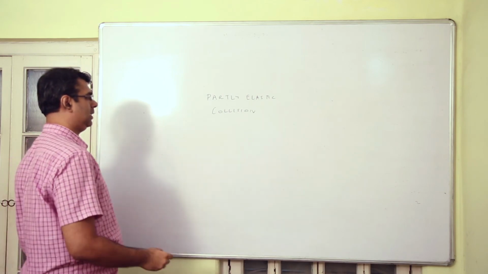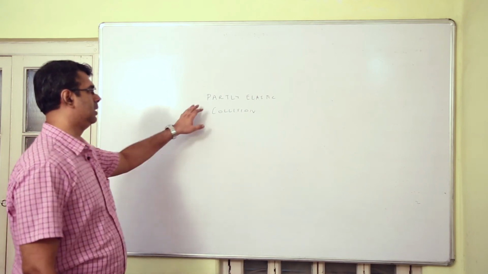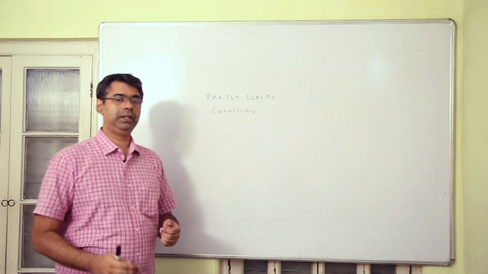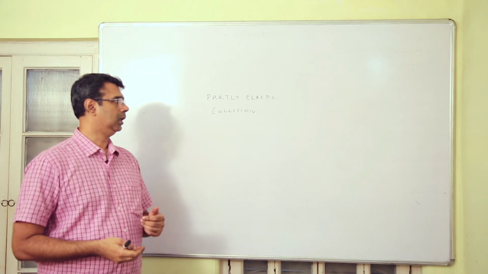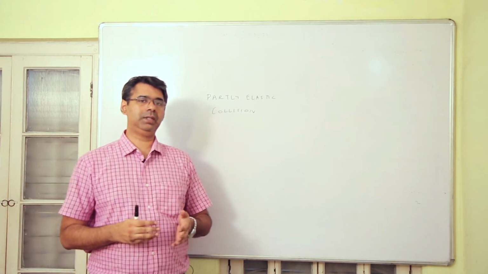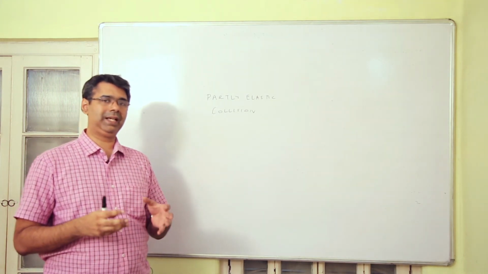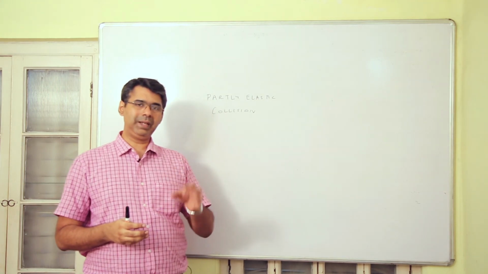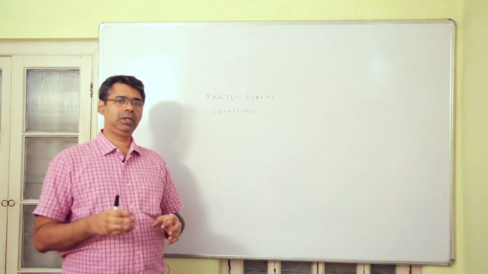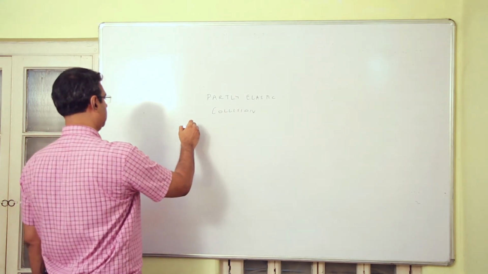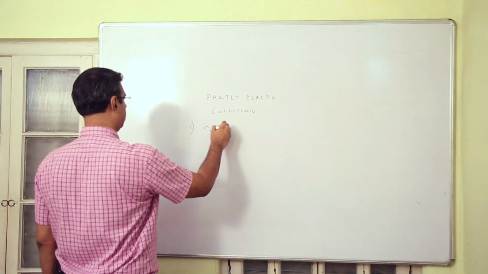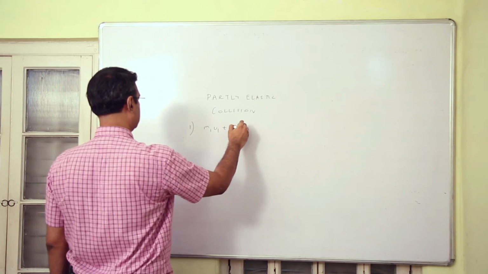In case of partly elastic collision, as the name suggests, the deformations of the two bodies are not completely restored, they are partly restored. So the elastic deformation remains to some extent, but to a large extent it is also restored. So conservation of momentum will apply as always.